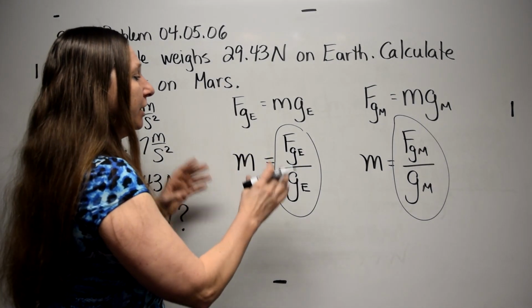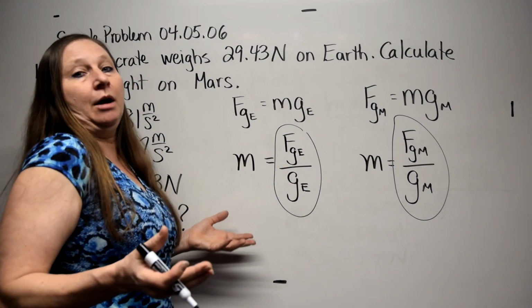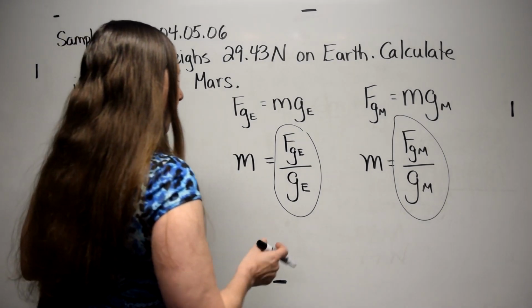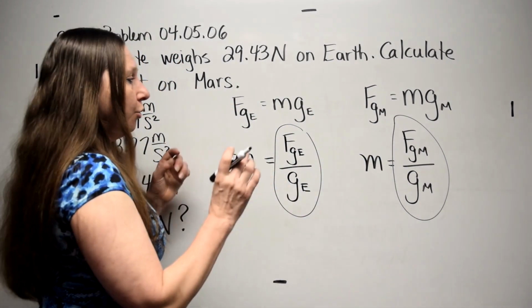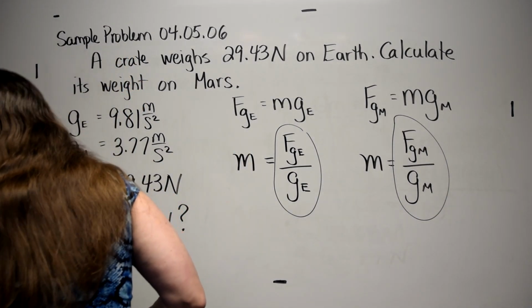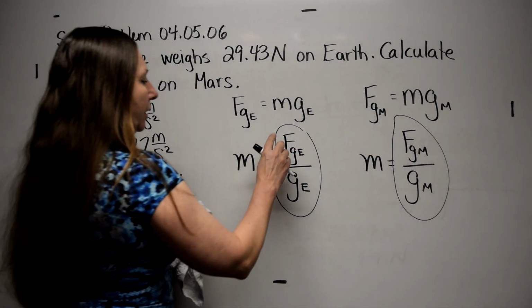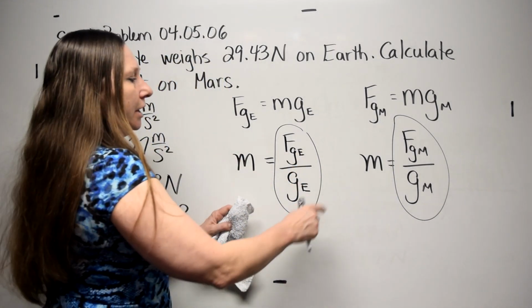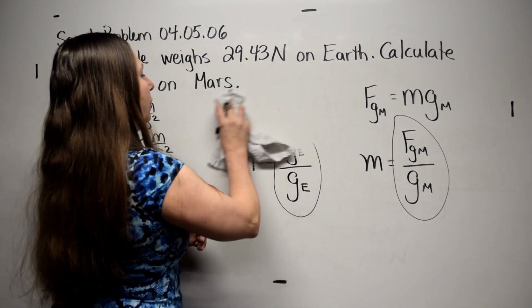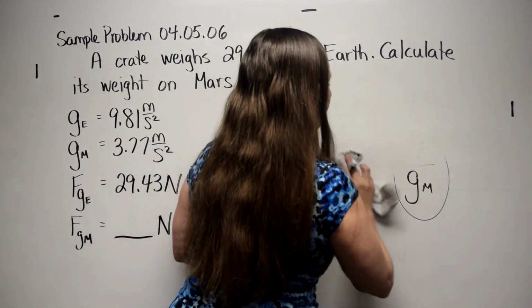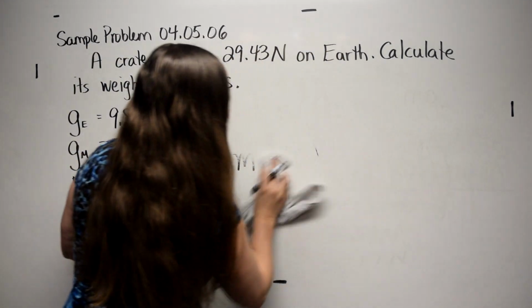So it's nice that we can get the m to disappear, because the m is the same in both situations. All right, so I'm going to put FGE over GE equals FGM over GM. And then we're going to start plugging into that equation. It's really a ratio.